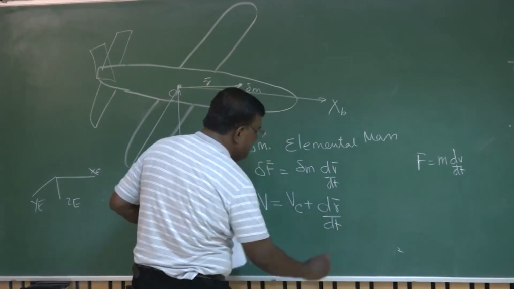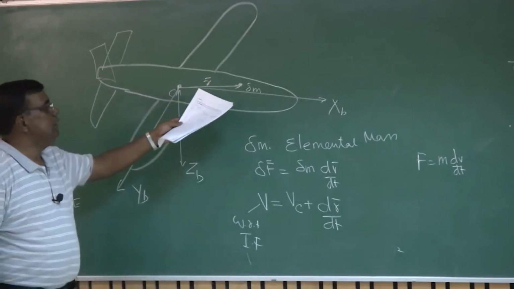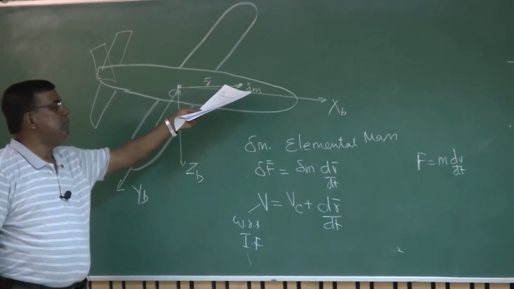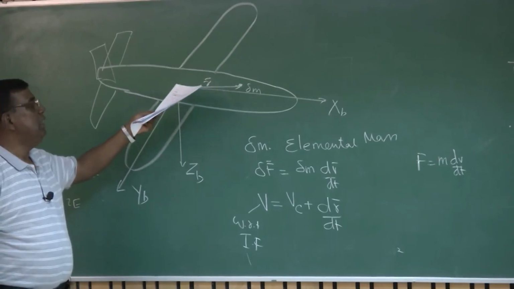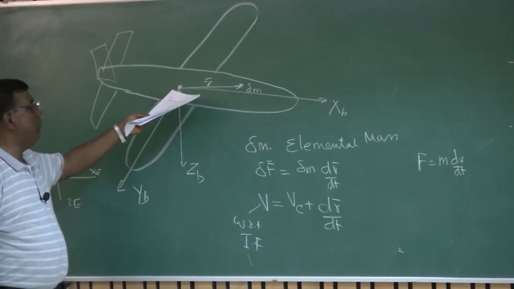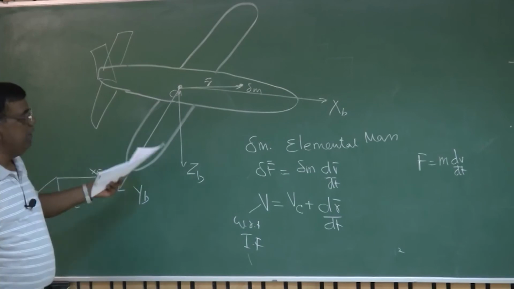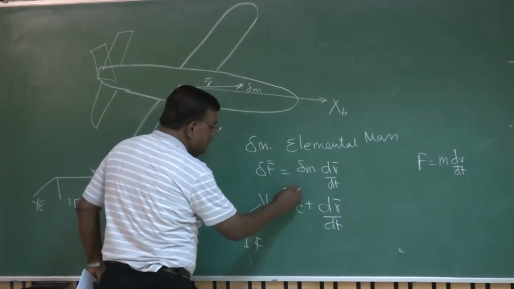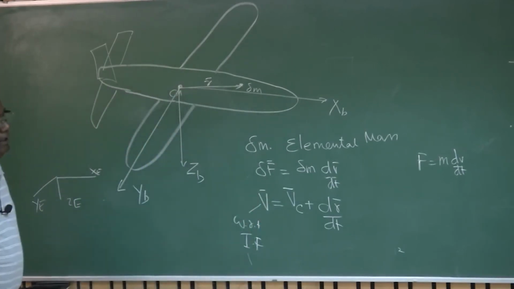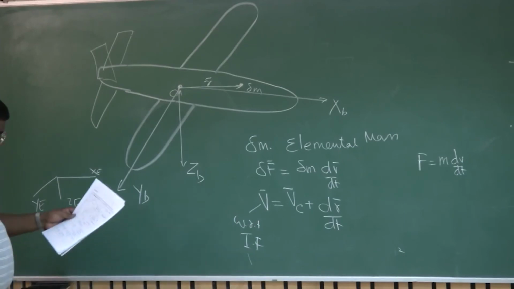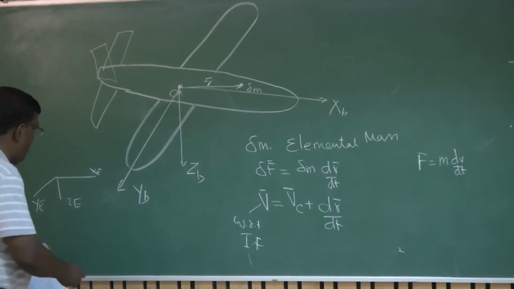No objection. R is this. So what is the rate of change of R with respect to center of mass, and what is the velocity of center of mass with respect to inertial frame? If I vectorially add it, then I can represent it like this. Okay, no issues.